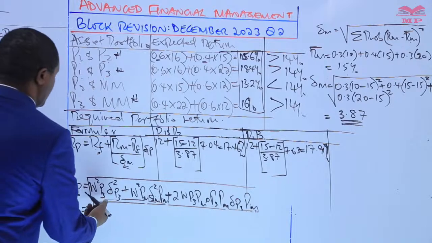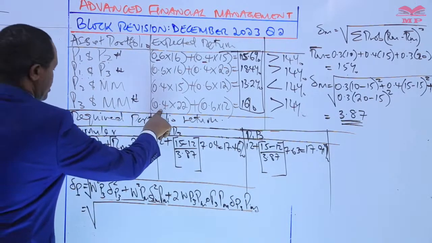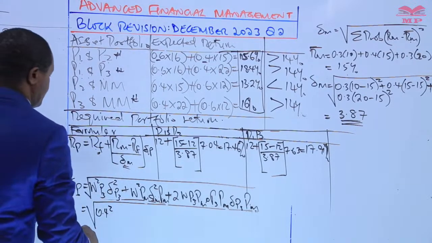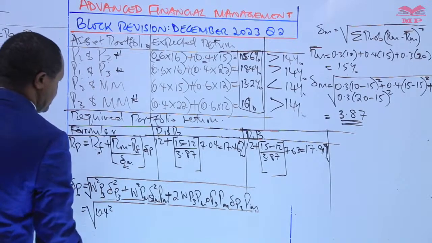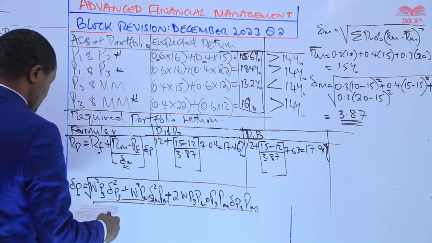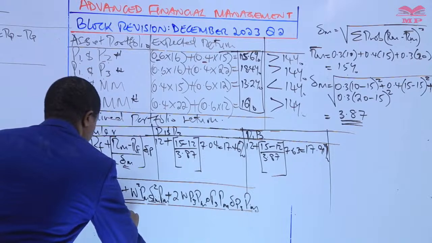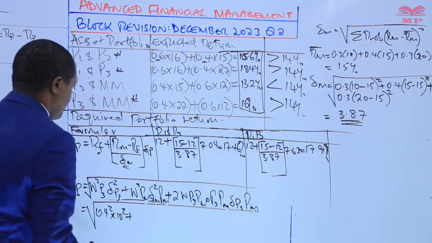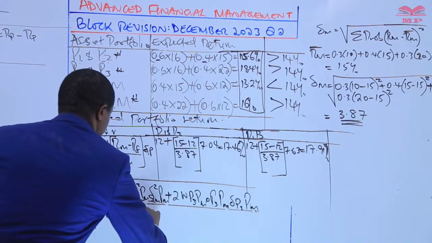So we square the weight of P3. P3 weight is 0.4, 0.4 squared, times the standard deviation for P3 from the question, 10% squared, plus the weight of the market, 0.6 squared.